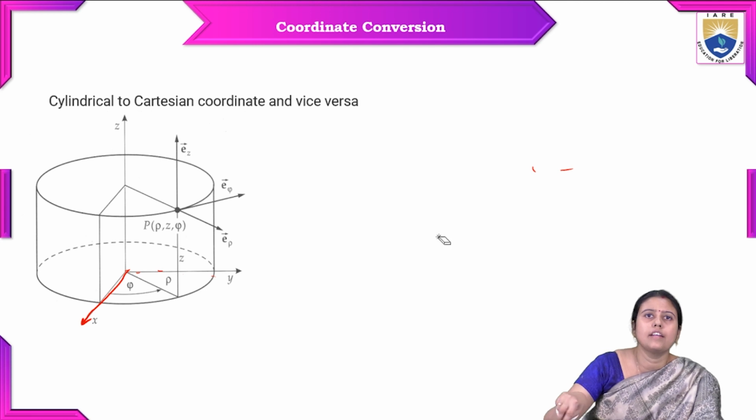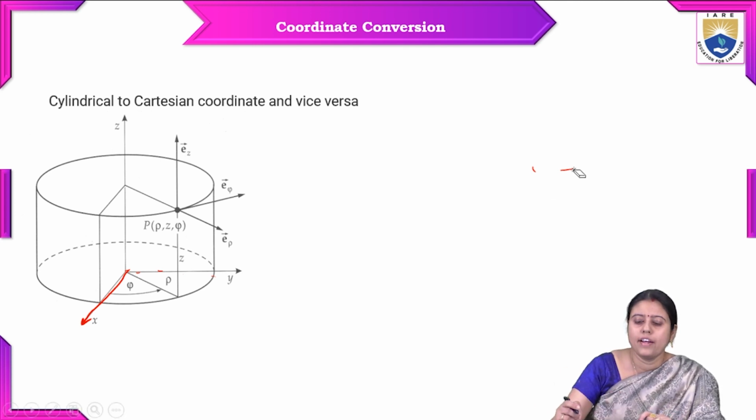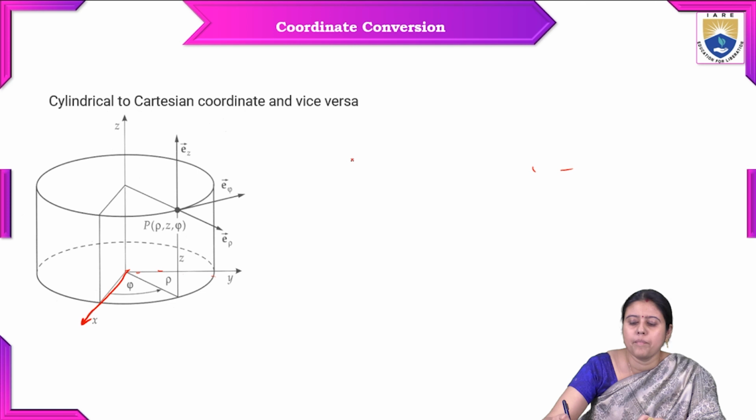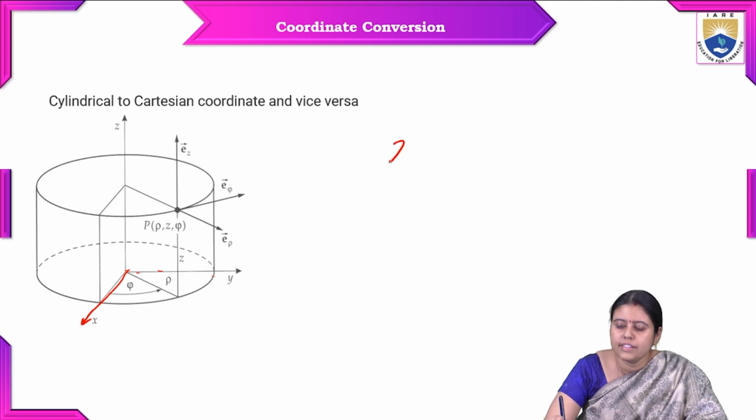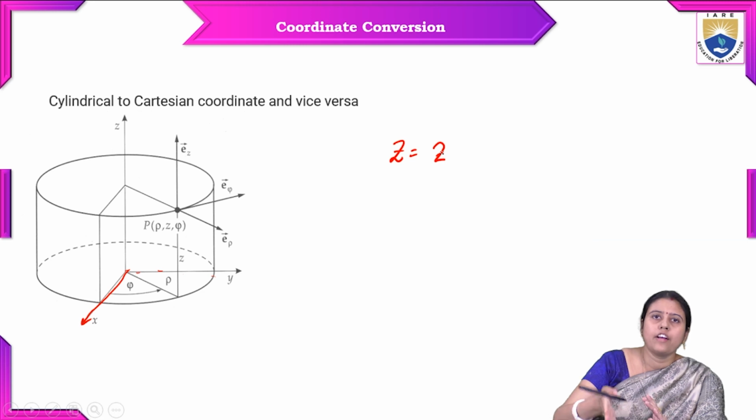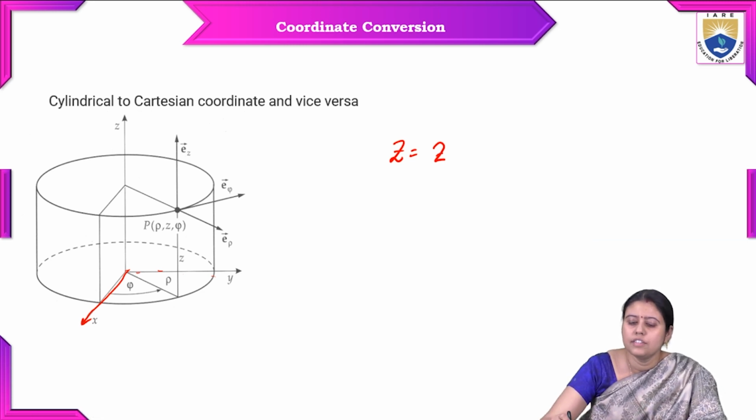We can think that both z-axes are parallel. Both axes being parallel means z in the cylindrical system is equal to z in the xyz system.